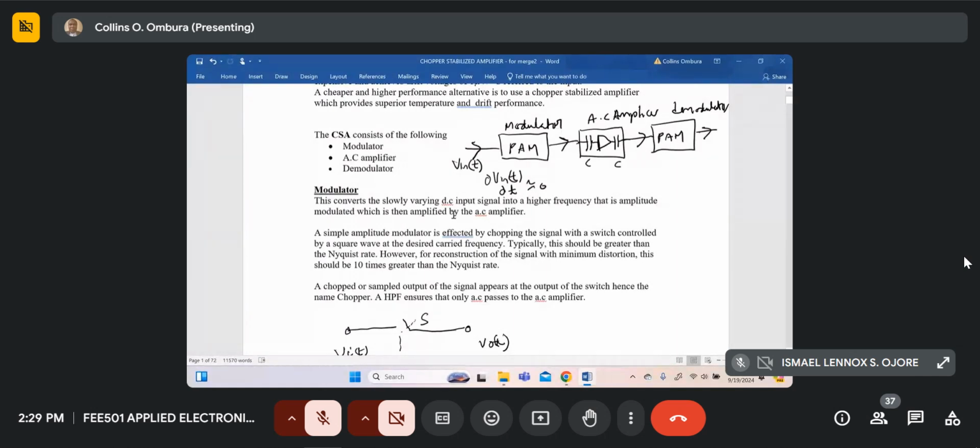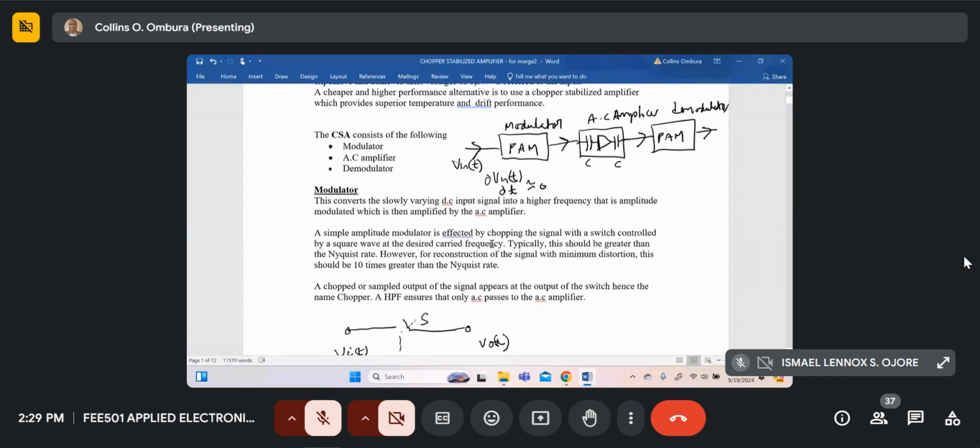Now, the way we effect this conversion is by chopping the signal. So a simple amplitude modulator is effected by chopping the signal with a switch controlled by a square wave, or it can be a rectangular wave at the desired frequency.